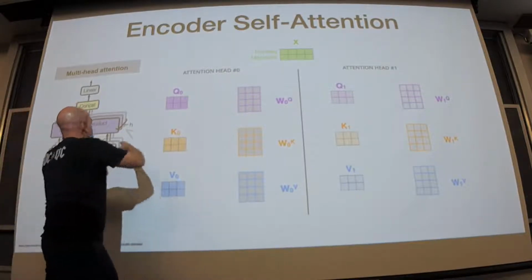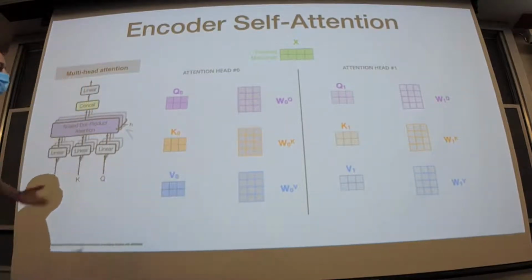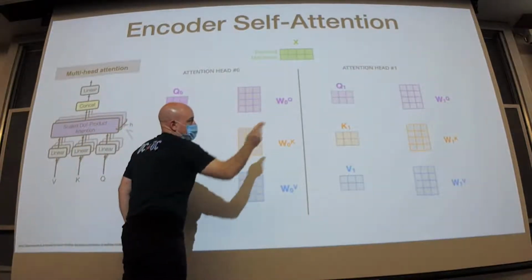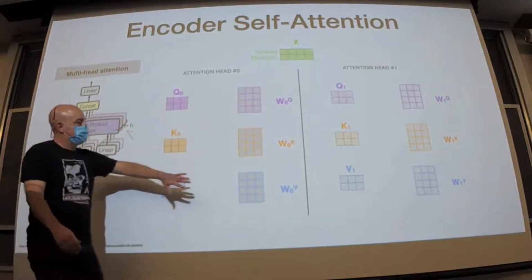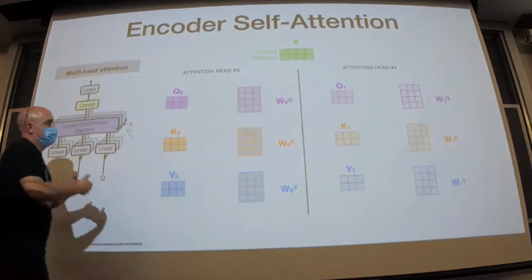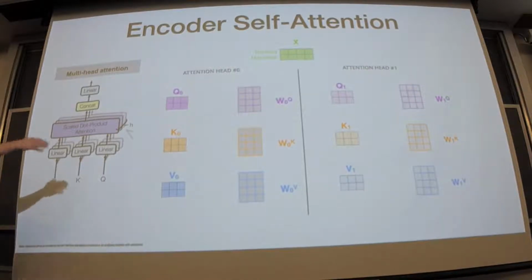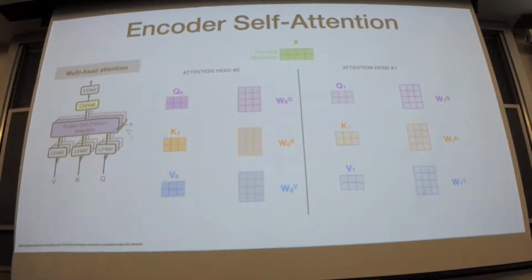So for each one of these heads, H might be 4 or something like that, there's going to be a different set of these 3 parameter matrices to learn. Each one has a different set of parameters, and that's what makes them different. So this looks a little bit like how convolution happened, where we're learning many different filters at each layer. This is like we're learning many different query, key, value matrices for each head in the attention module.